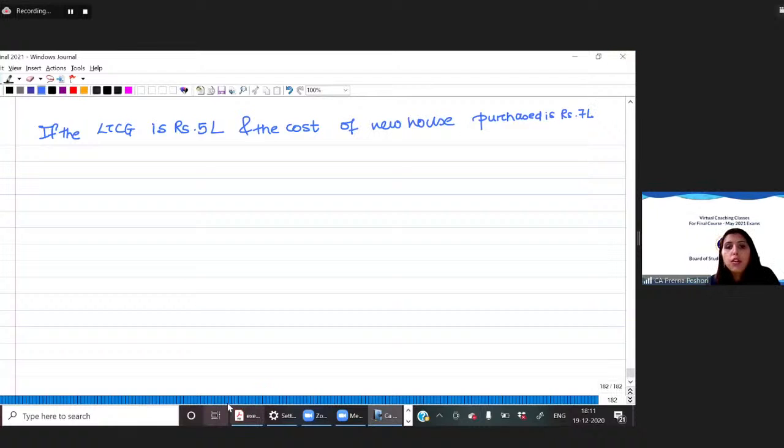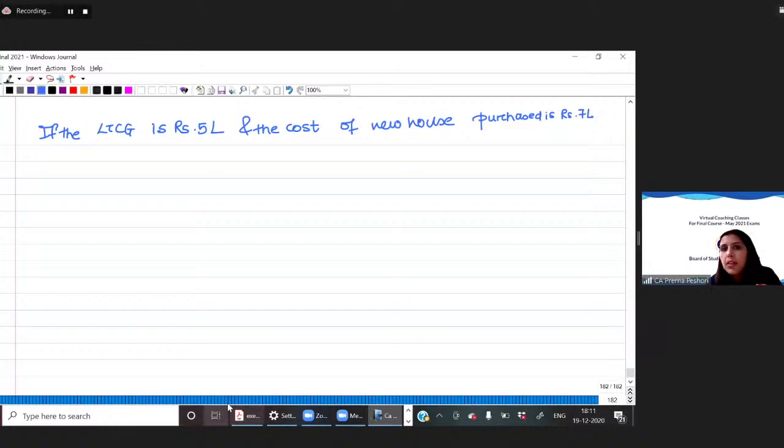If the cost of new house purchase is rupees 7 lakh, in that particular case, what will be the amount exempted? So the amount exempted will be rupees 5 lakh, right?